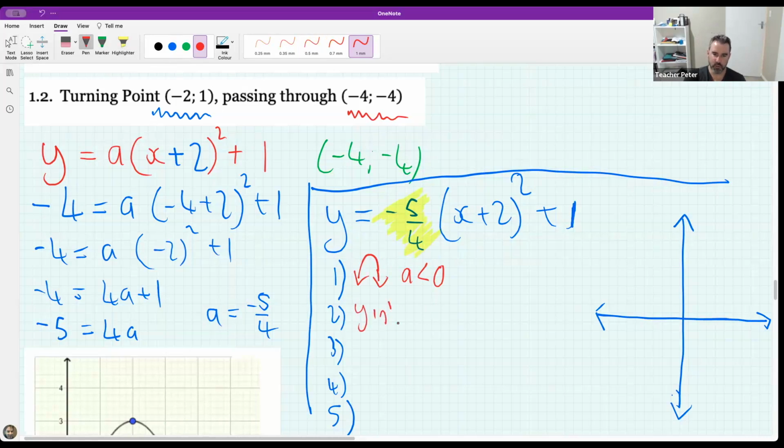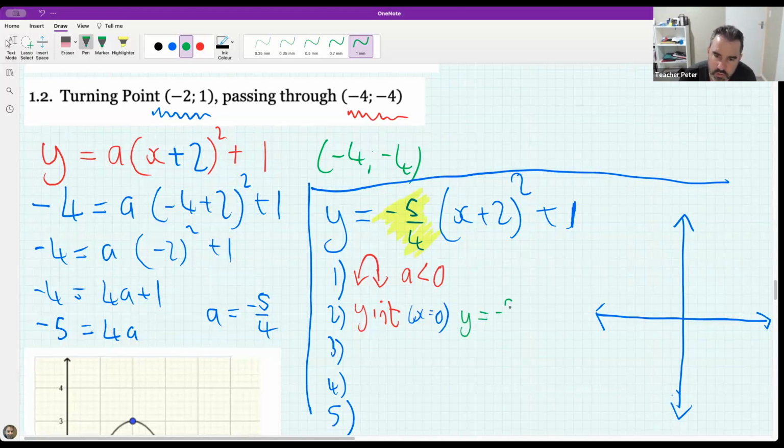Okay, step 2 is my y-intercept. Get me the y-intercept for this graph that we're trying to draw. How do you find y-intercepts? You make x equal to 0.